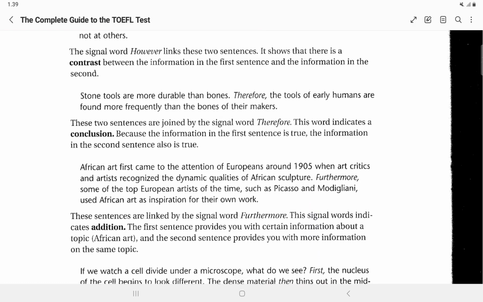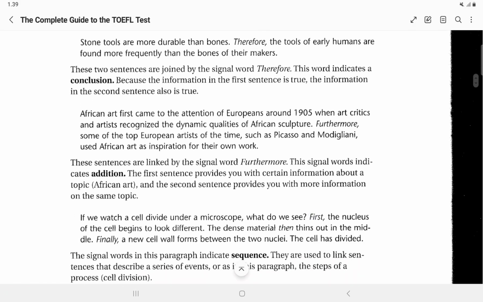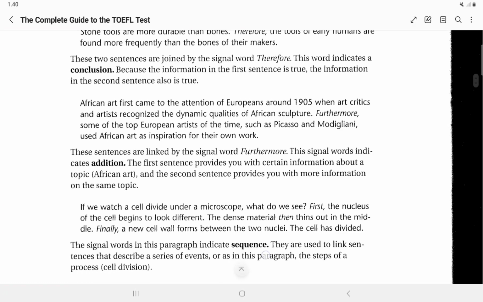Stone tools are more durable than bones. Therefore, the tools of early humans are found more frequently than the bones of their makers.